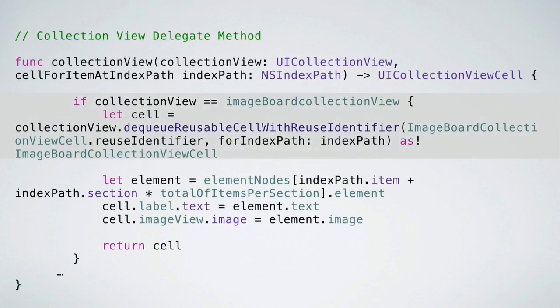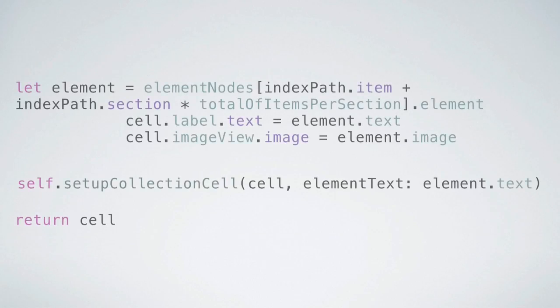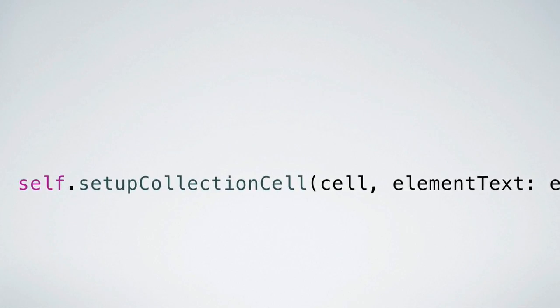And I have my collection view delegate method, where I set up the cell and the content of the cell to the text and the image, just being a pair. Now, to make it work, I just call in my collection view delegate method this method I had created called setup collection cell.